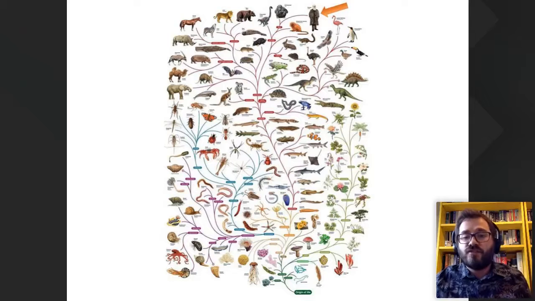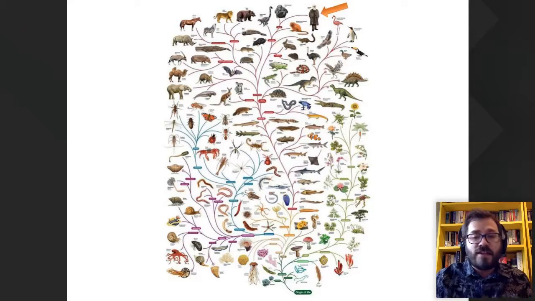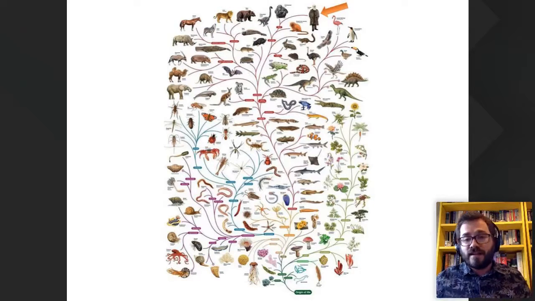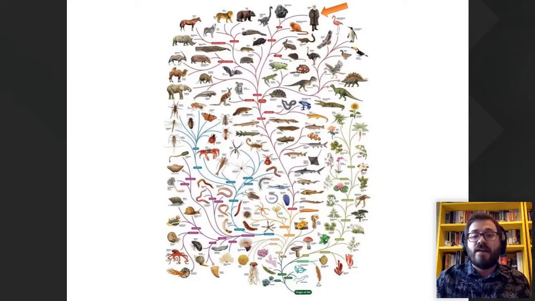And they are joined together by these lines that meet at a node to the exclusion of their next closest relative, in this case the golden lion tamarin. And then we can combine these ever more inclusive groups, or clades, of organisms to produce a hierarchical nested tree of life, eventually including all living and indeed extinct things.